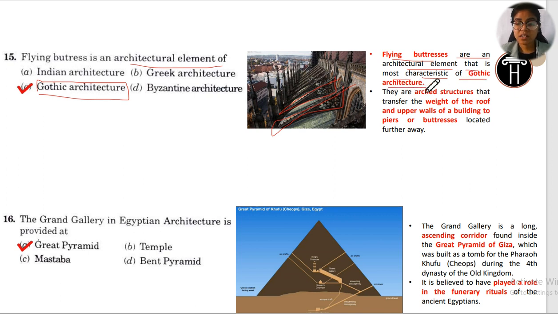They are arched structures, as you can see, that transfer the weight of the roof and upper walls of the building to piers or buttresses, which may be located further away. So they transfer these loads from the flying buttress to the pier and onto the ground. This was the main work of the flying buttress, which is used very widely in the Gothic architecture style.